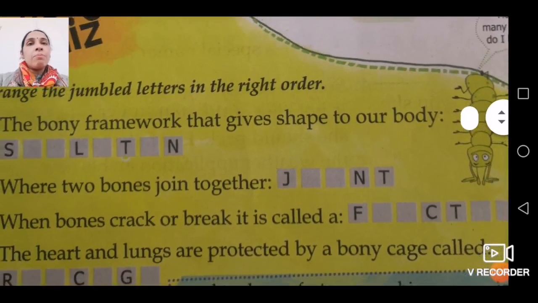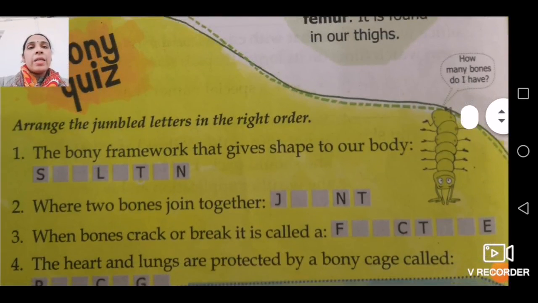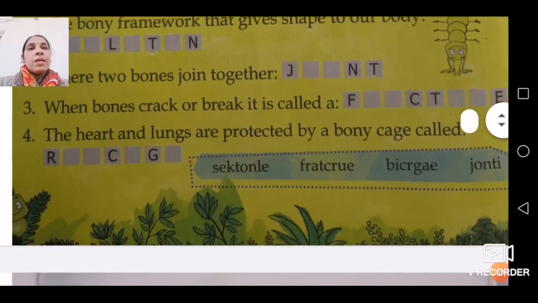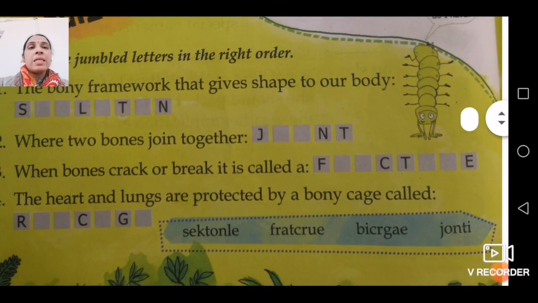Now children, I am going to take this bony quiz. Arrange the jumbled letters in the right order. You have been given a jumbled word, and the answers are also given on the same page, but again jumbled.